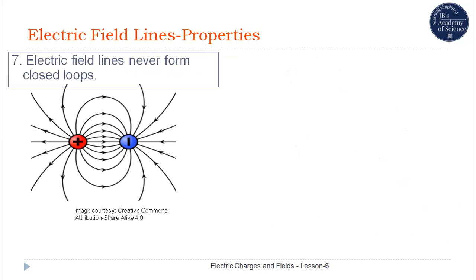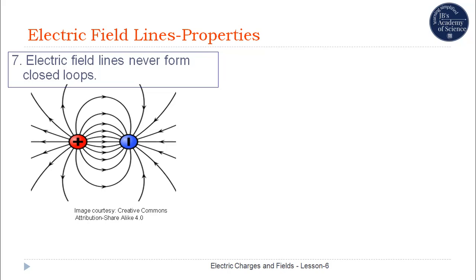Electric field lines never form closed loops. We know that electric field lines originate from positive charge and terminate on negative charge. There is no electric field line from negative to positive charge.